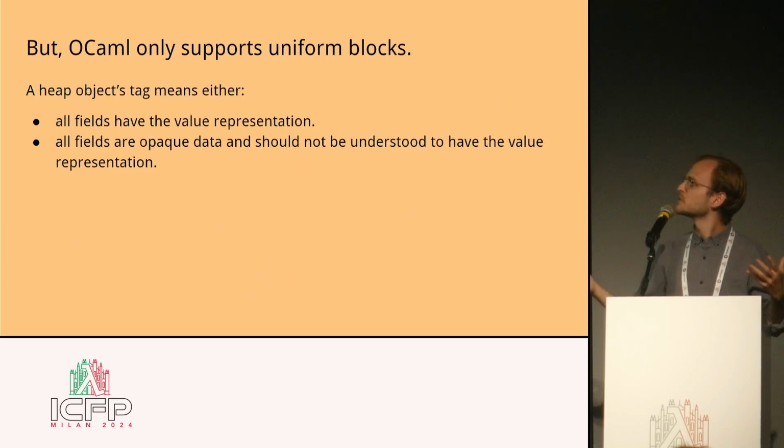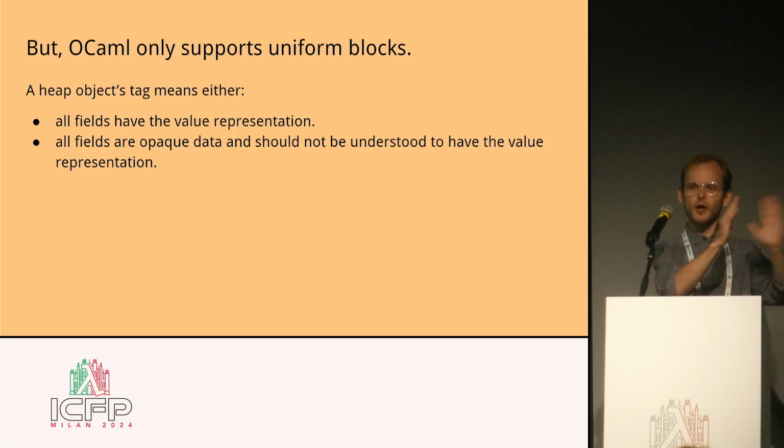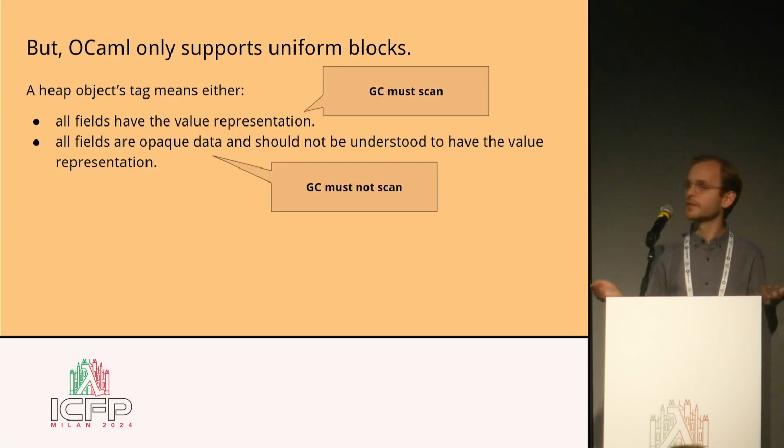The current situation is that the garbage collector interprets a tag to mean either that it should look at all of the fields of a heap object, or it should look at none of the fields. This is all that is available in the current interpretation, with a very small number of exceptions.